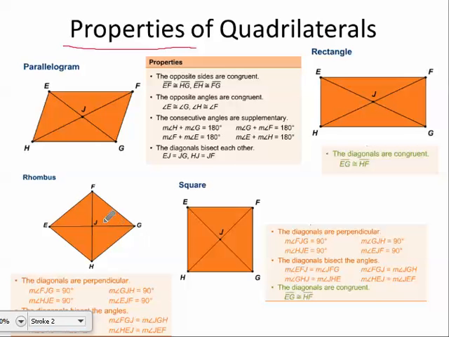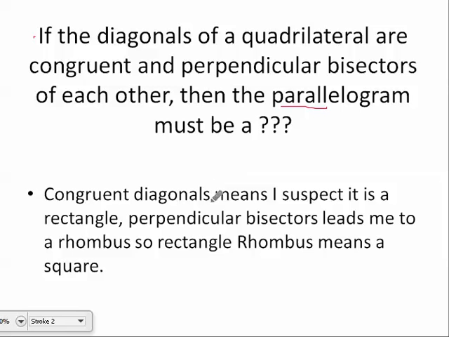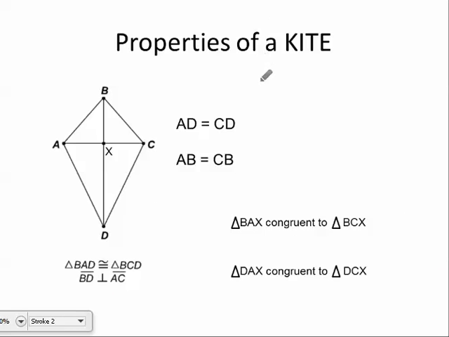In this one, I know the diagonals are not congruent, but they are perpendicular. This one is the only one that I know of that has congruent and perpendicular diagonals. So this is the only one that I would be able to say would be an answer to this one. It has to be a square. Okay? That's how you use those ideas.